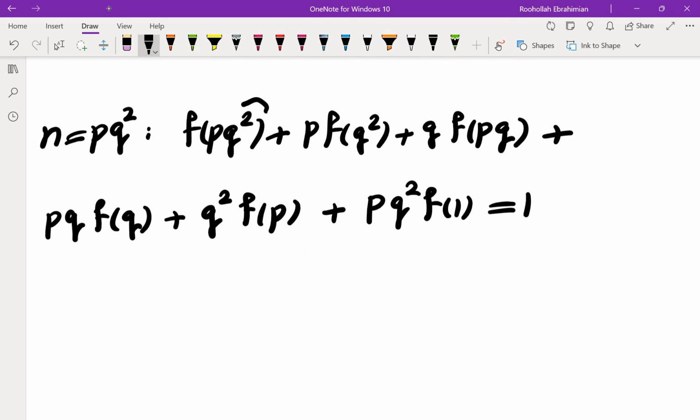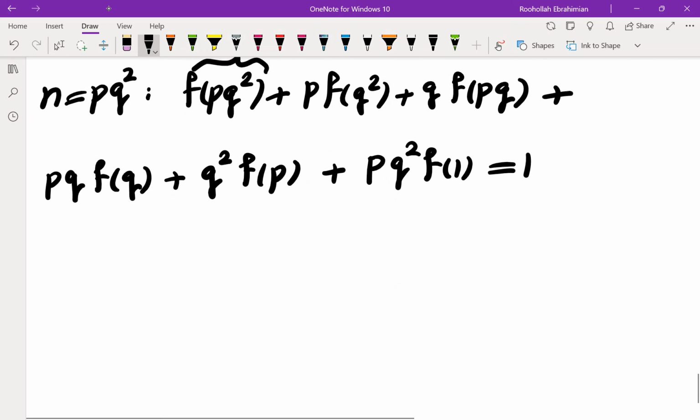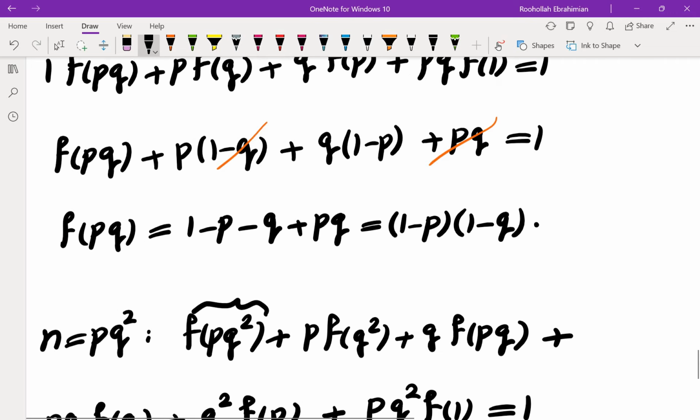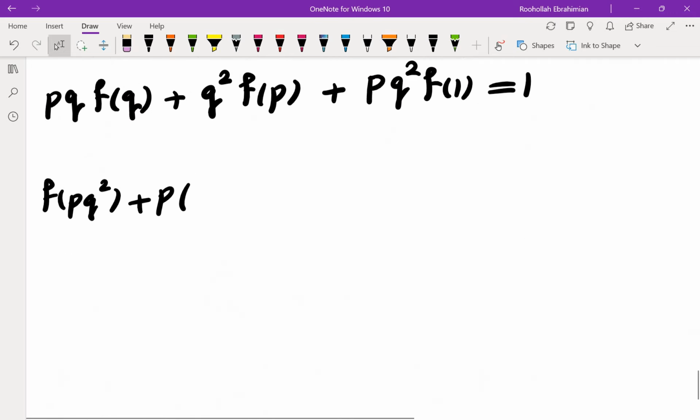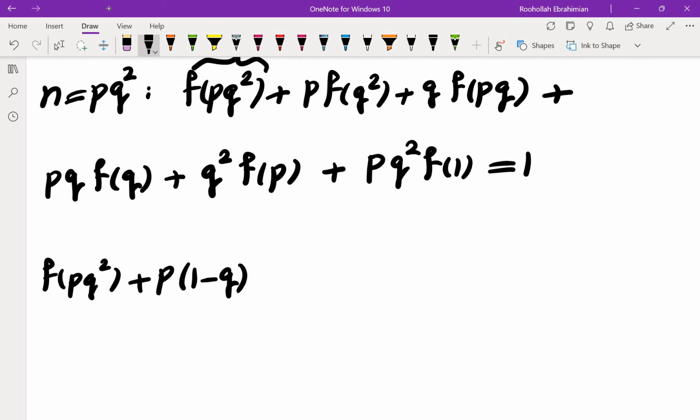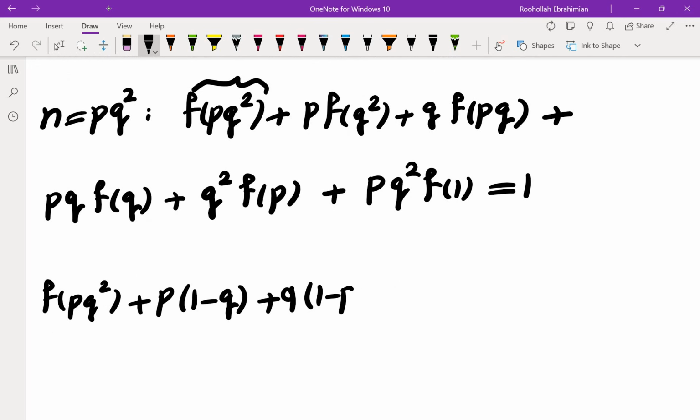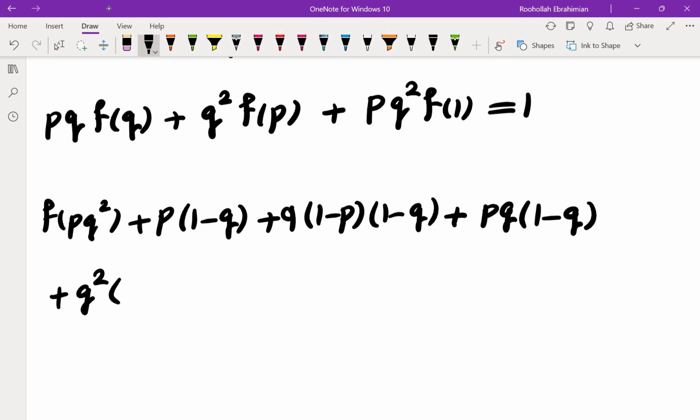Now, f(pq²) is what we're looking for. So let's substitute the others because we found the others. So f(pq²) plus p times f(q²) is something we found before, that's 1 - q, plus q times f(pq) is (1 - p)(1 - q), plus pq times f(q) is 1 - q. f(p) is 1 - p, and then we have pq² times 1 equals 1.